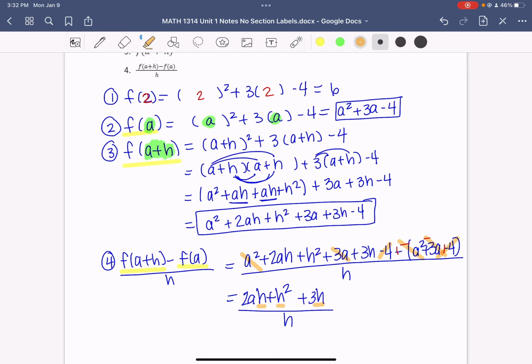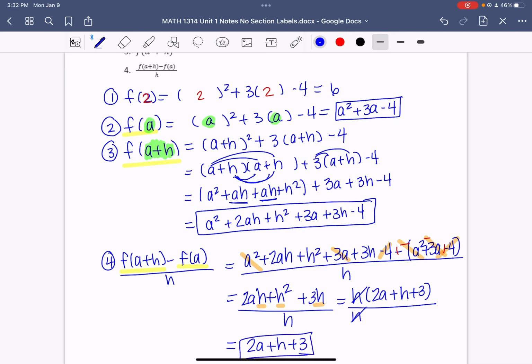Again, I'm starting to notice some similarities. These all have an h involved. So I'm going to factor that out. So I get h. So I'm just unmultiplying it. h times the quantity 2a plus h plus 3, all over h. So my h's would now cancel because I have that multiplication set up in the previous step. I had it as addition pieces. So this simplifies down into 2a plus h plus 3.